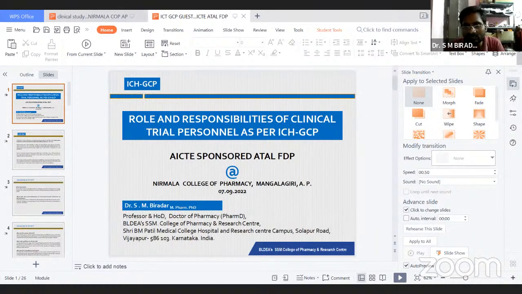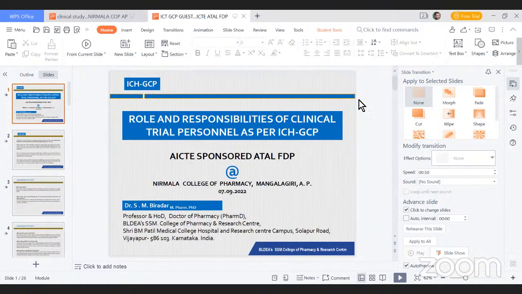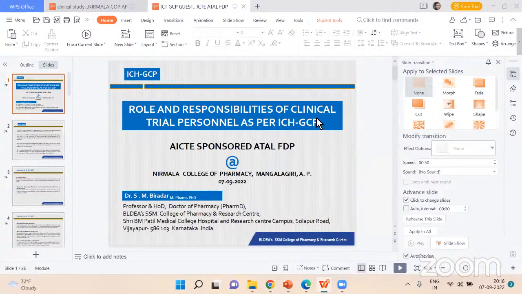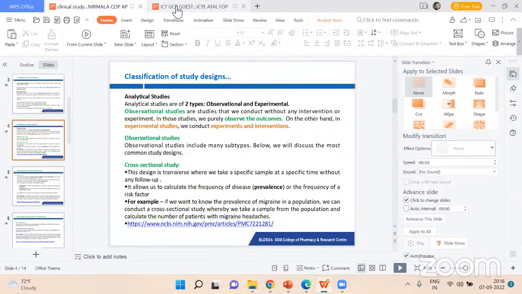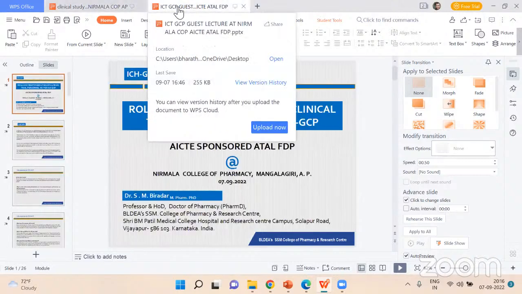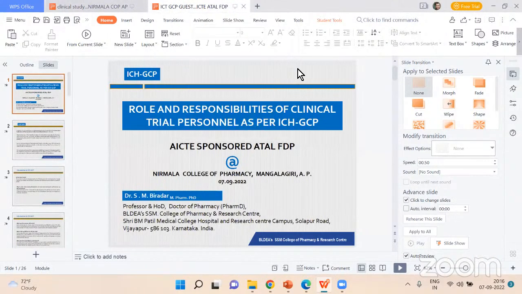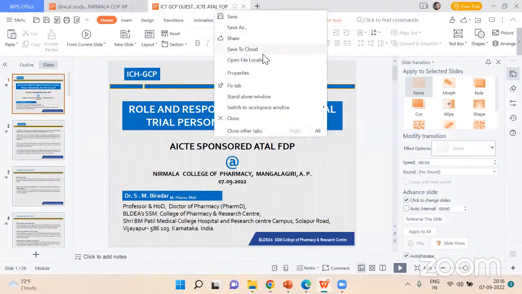Can you see the slides now? Yes, sir, we can see the slides. Sir, you can start the session.